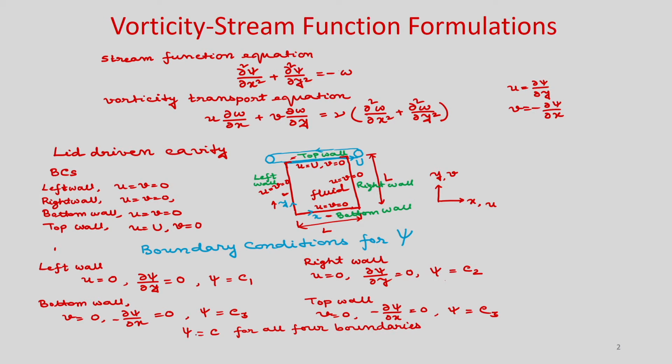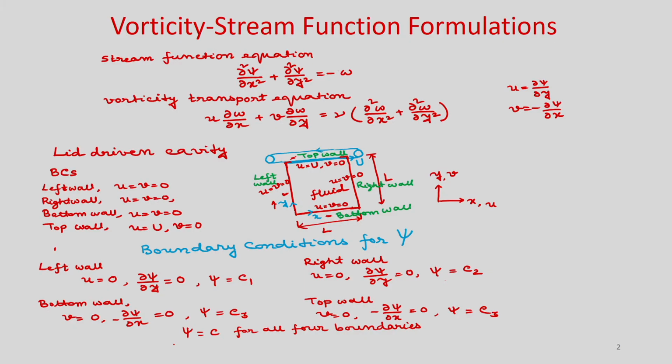Okay. So, ψ is equal to constant and it is the same constant, because 2 streamlines cannot cross each other. So, obviously, it should be continuous. So, ψ is a constant single value on all 4 boundaries, and for simplicity let us take that constant value as 0 on these 4 walls.